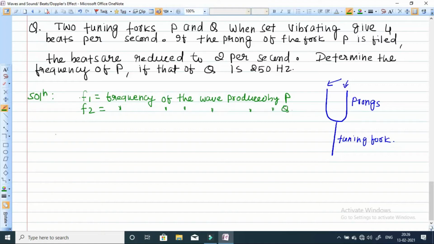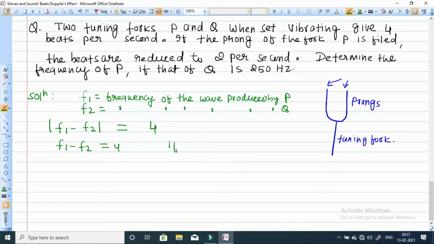Now we know the beat frequency is the modulus of F1 minus F2, because we don't know which has the maximum value. So modulus of F1 minus F2 equals 4.